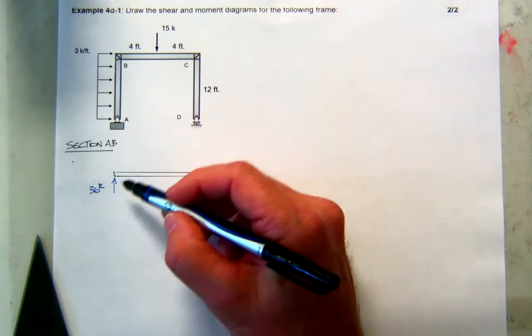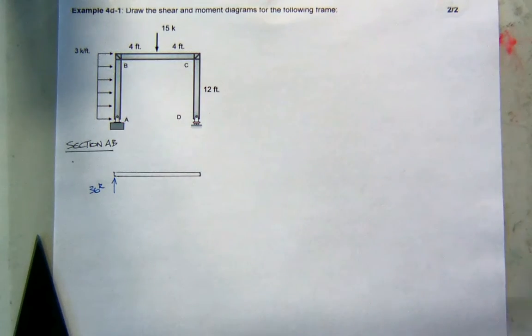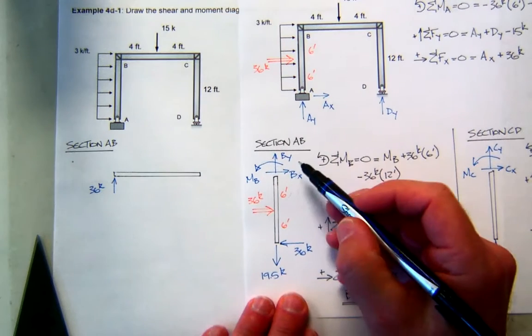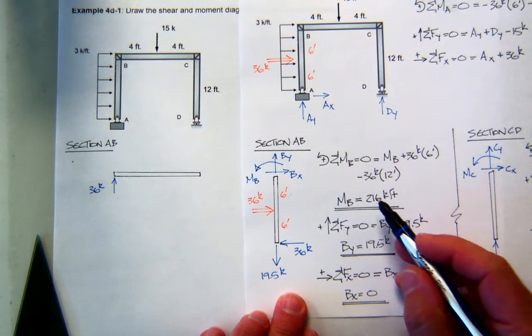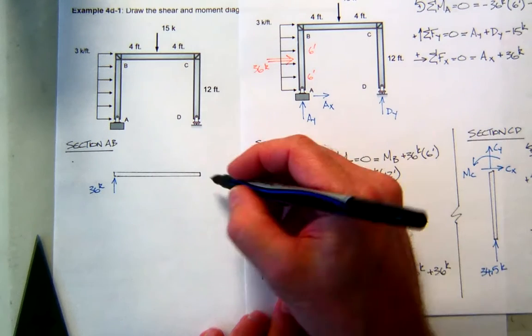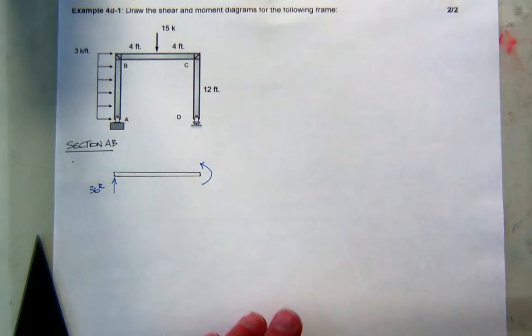The moment at A is 0. What's the moment at B? Well, remember, I assumed moment at B in this direction, clockwise, or right-hand rule positive, and I got a positive answer. So that means my moment here is still that, and it's 216 kip-feet.